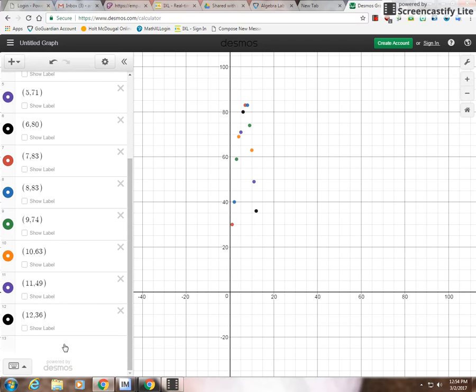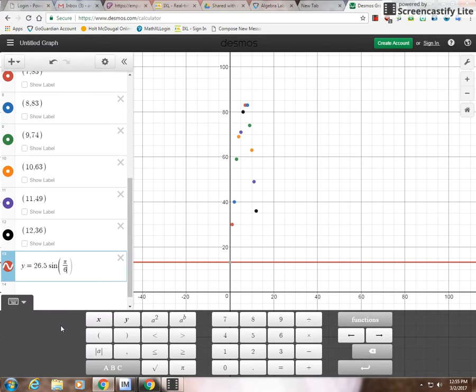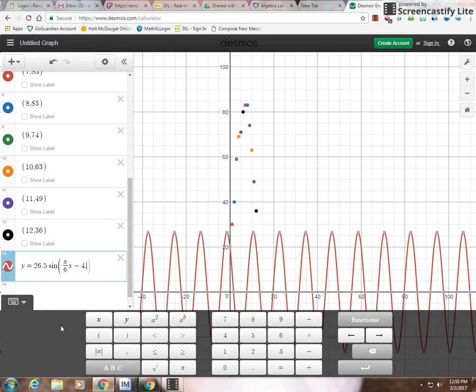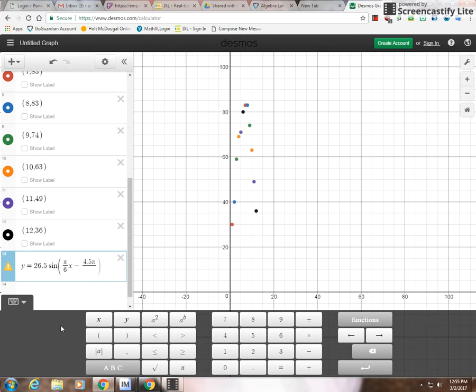So now I'm going to take the equation that we found earlier and type it in, and hopefully it will fit the points very nicely. Y equals 26.5 sine of pi over 6 x, and then minus 4.5 pi over 6.